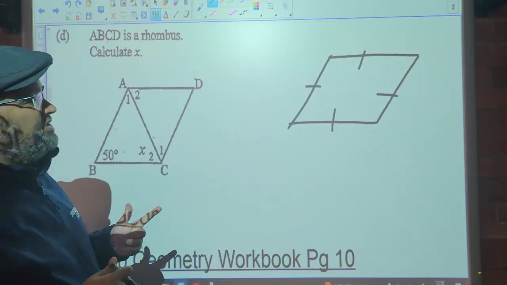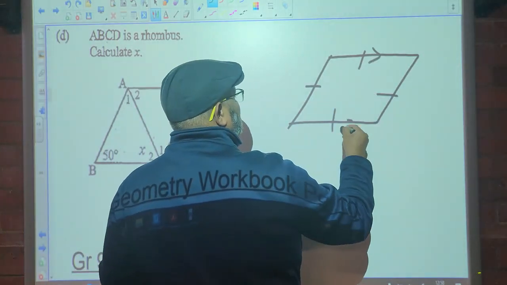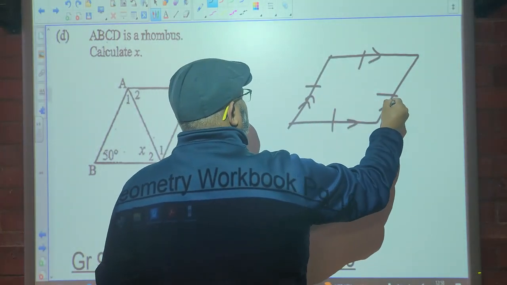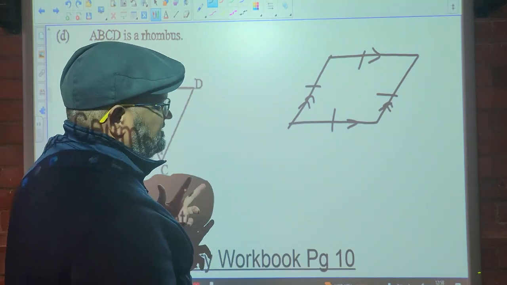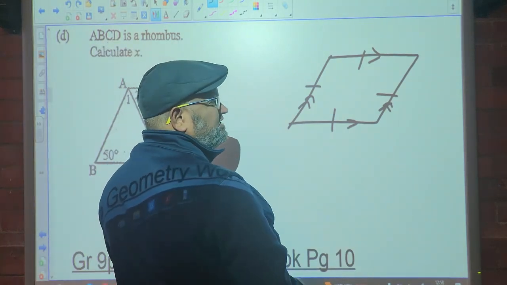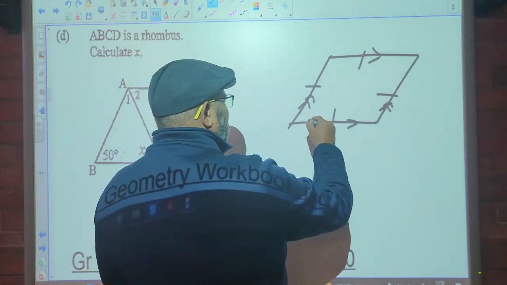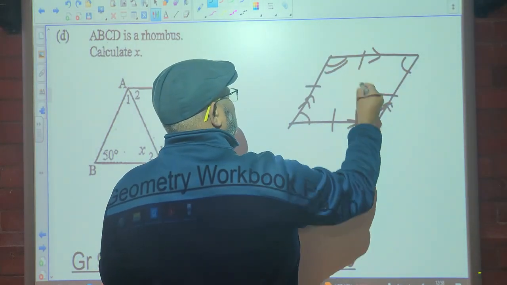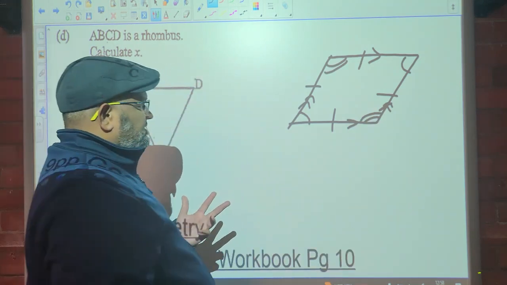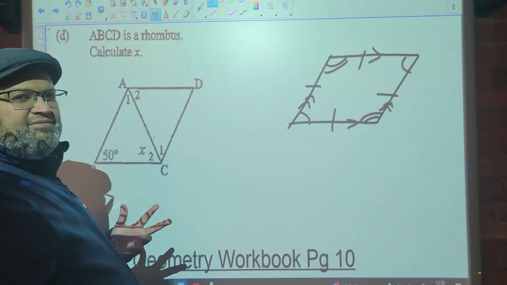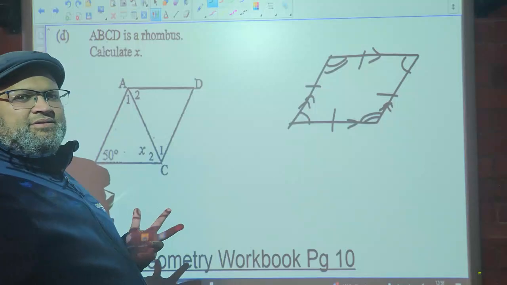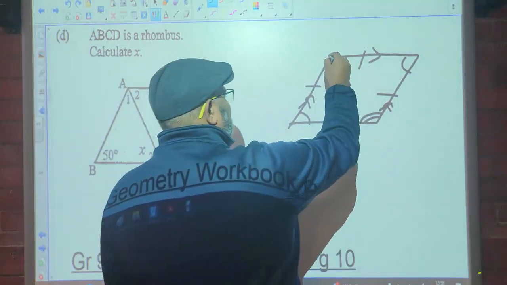Number 2, two pairs of opposite sides are parallel. Number 3, opposite angles are equal. Yes. What else? The angles bisect each other. 4.